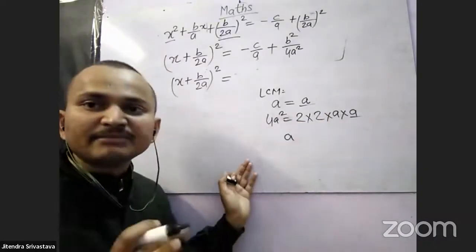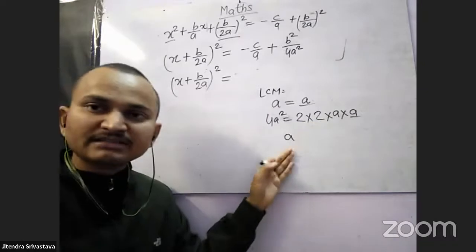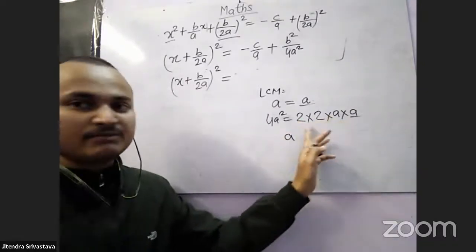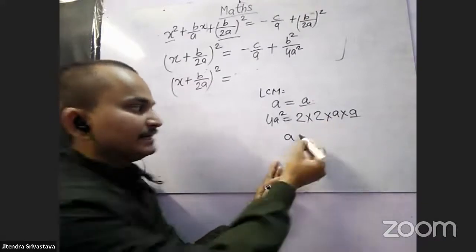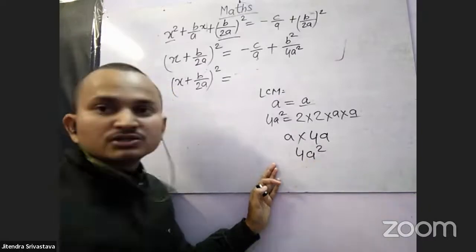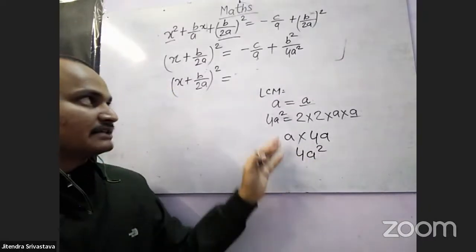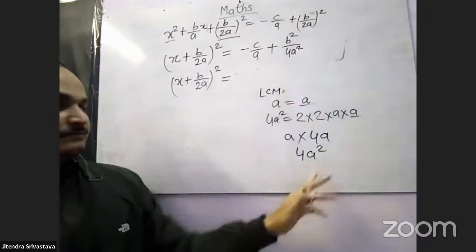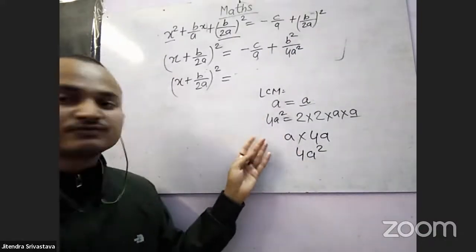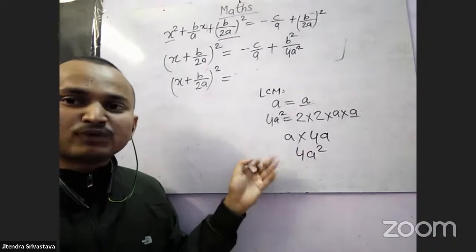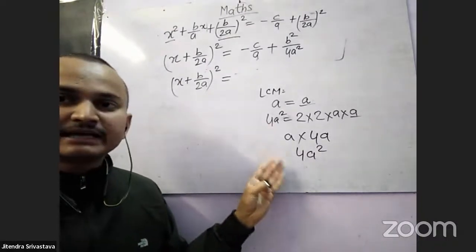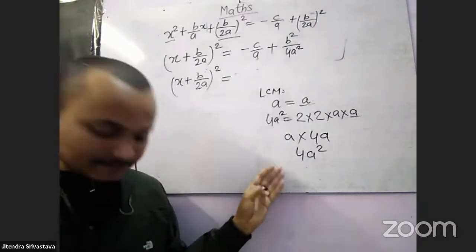The remaining rest is 2 into 2 into a, so it will be 4a. So we multiply a into 4a, it will become 4a square. So our LCM is nothing but 4a square. I have given you the steps to find the LCM of any polynomial. This is the method by which you can find the LCM. I hope you have understood this.